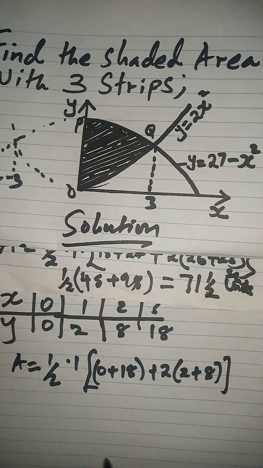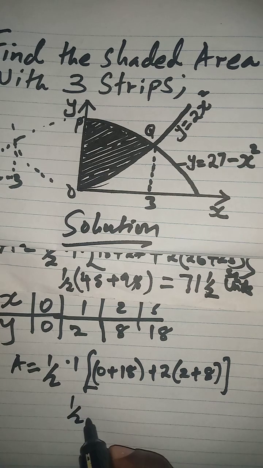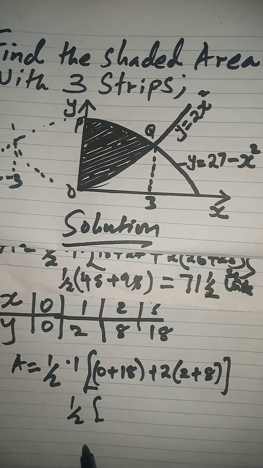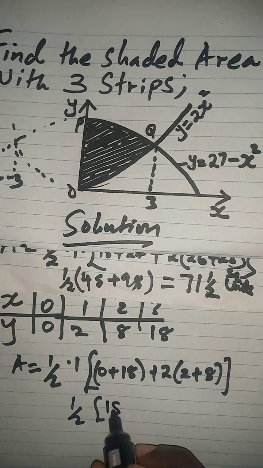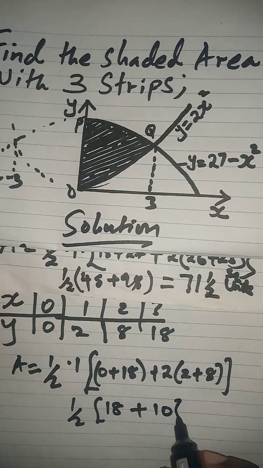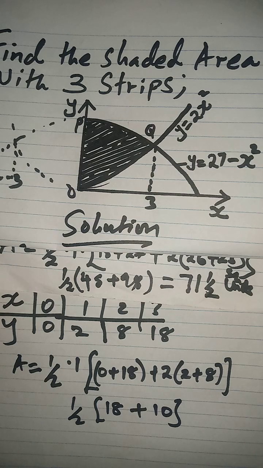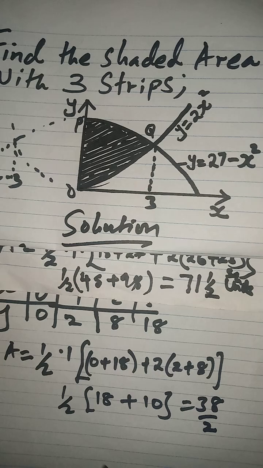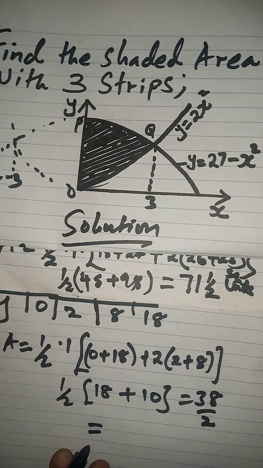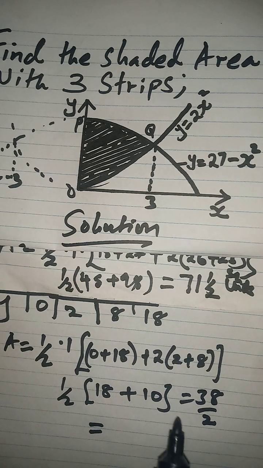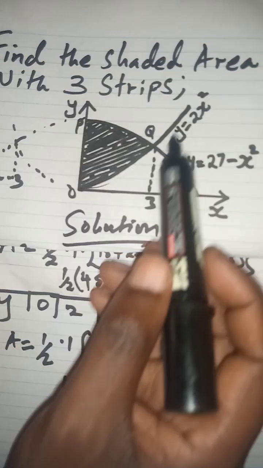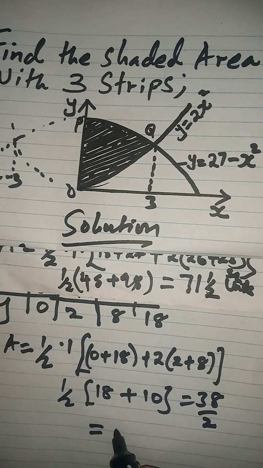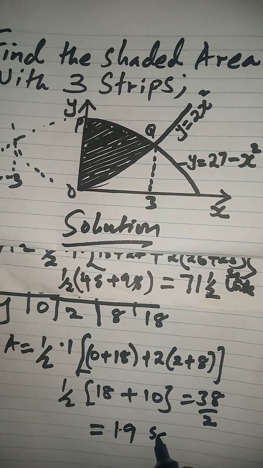Solving that further, I'm going to get a half multiplied by 1, which is a half, and then that is 18 plus 10, which is giving me 38 divided by 2. And of course, it goes without saying that the area bounded by that region, under it, I'm gonna get 19 square units.